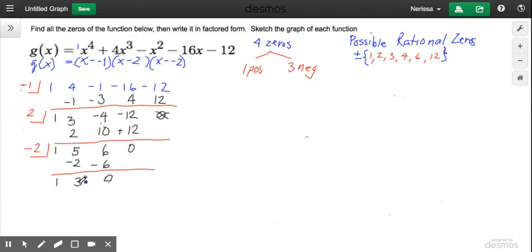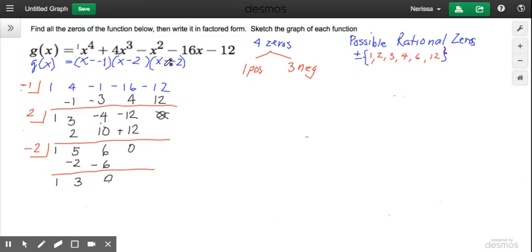So now we just need to find one more 0 because we already have 3 zeros here. We have our 2 negative zeros, 1 positive. So the next 0 that we're going to look for is a negative number. But we could just use this. This is the last factor of g of x.